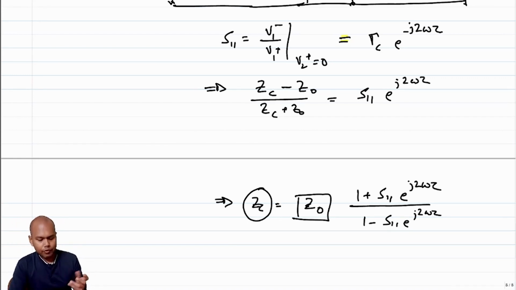If you know the length of the line, then you know tau, so that is also known a priori, and S11 you are measuring. Obviously there is no point in coming up with a parameter which you cannot measure, so let's assume that you can measure S11.